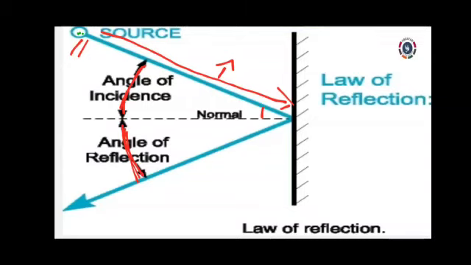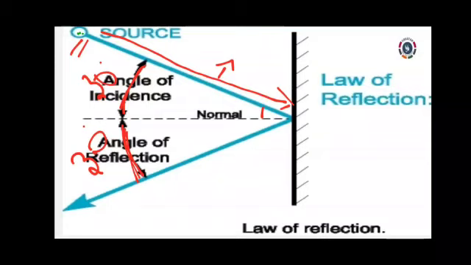If we change the light source, suppose the angle of incidence is 30, then the angle of reflection will also be 30. The first law is that the angle of incidence is equal to the angle of reflection.